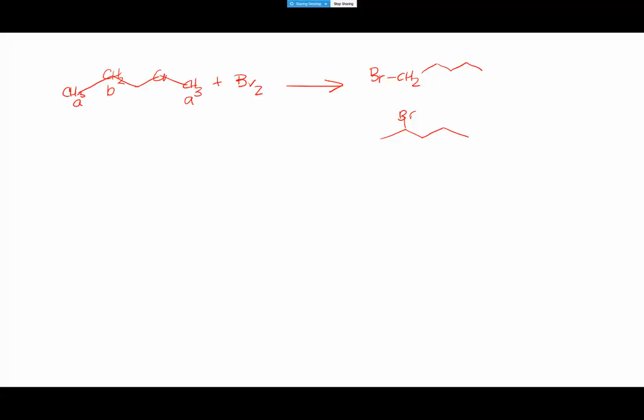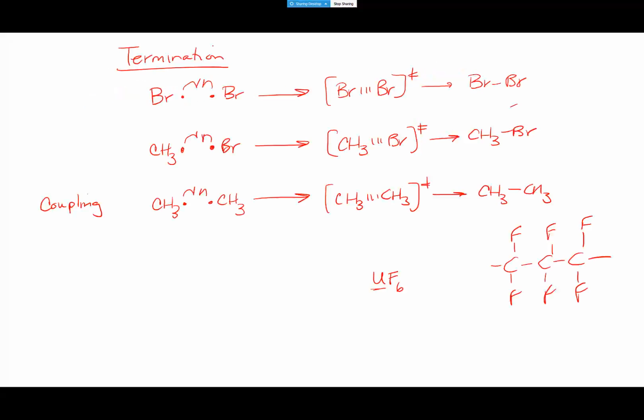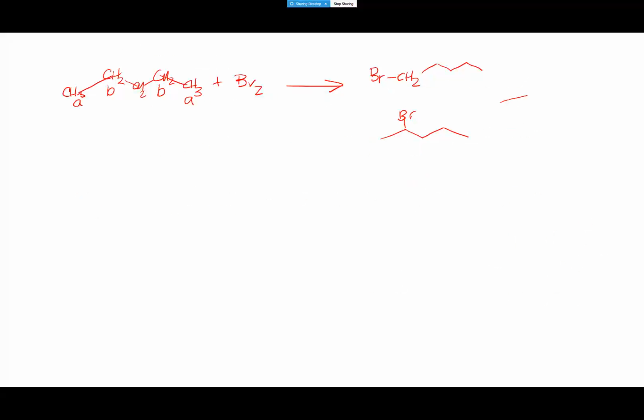How about replacing any of those 2? What am I going to get? We get 2 bromopentane. How about the CH2 in the middle? New product, 3 bromopentane.